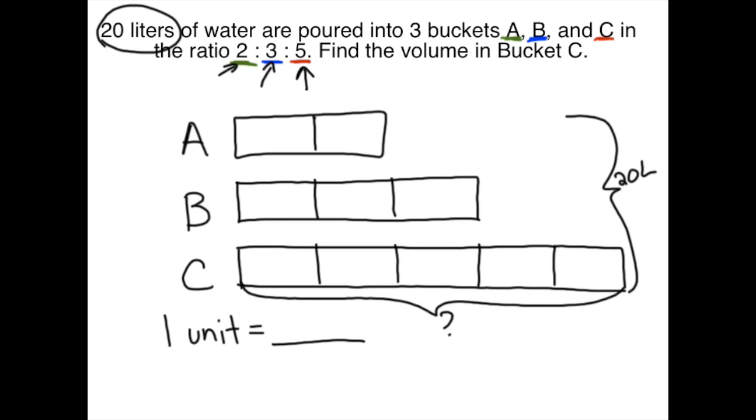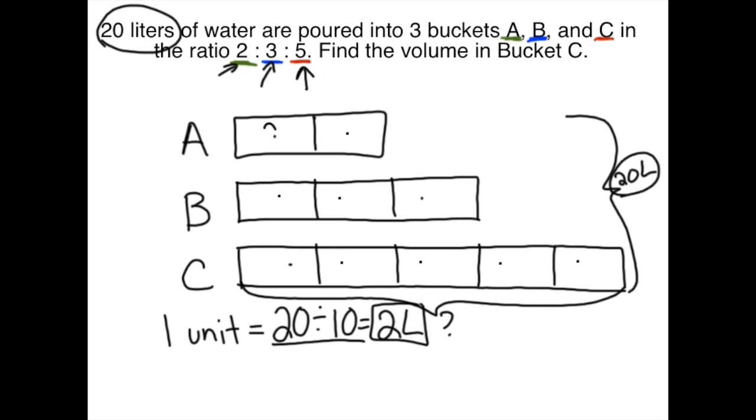I do, because I know my total number of units, 1, 2, 3, 4, 5, 6, 7, 8, 9, 10. And I know the total quantity in those units. So 1 unit equals 20 divided by 10, which equals 2 liters.